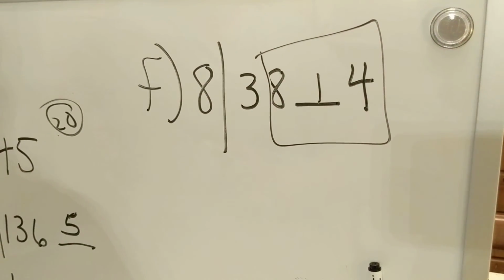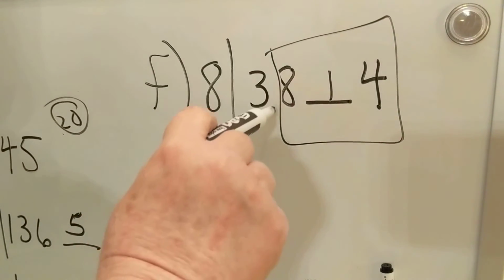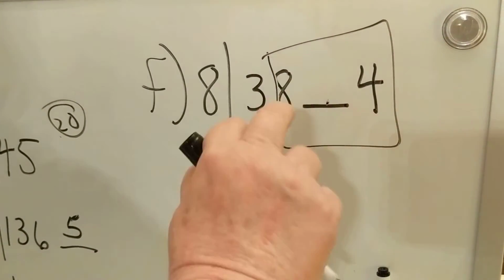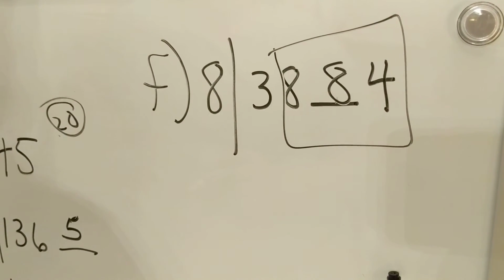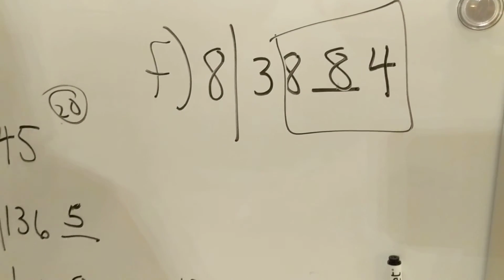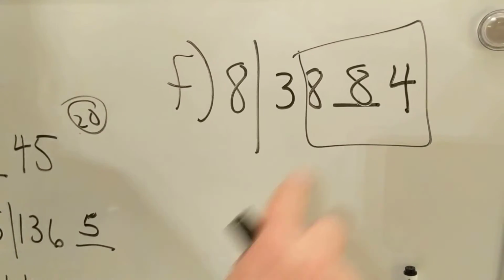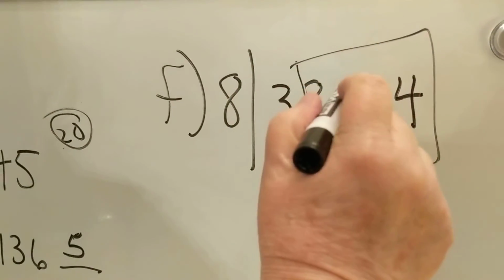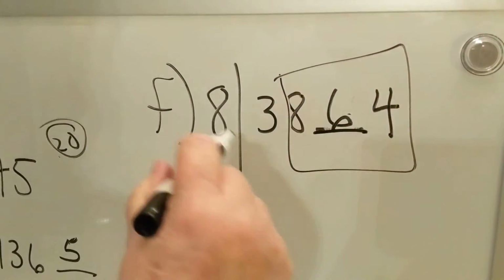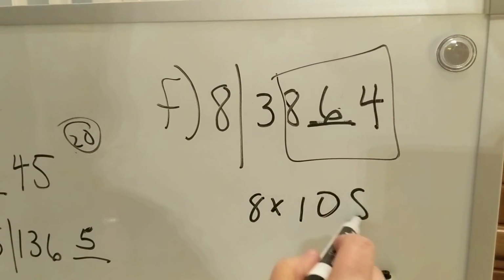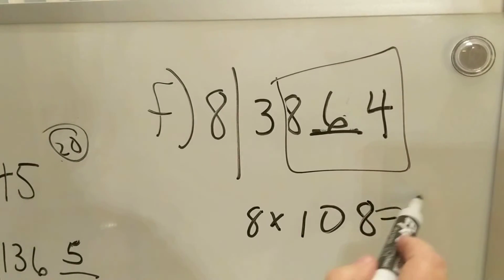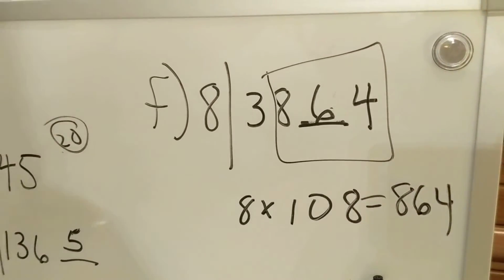That is not going to work. You could go through these, but I believe 8 will not work. I'm sorry, 6 will work. I think 8 times 108 gives you 864. So that works.